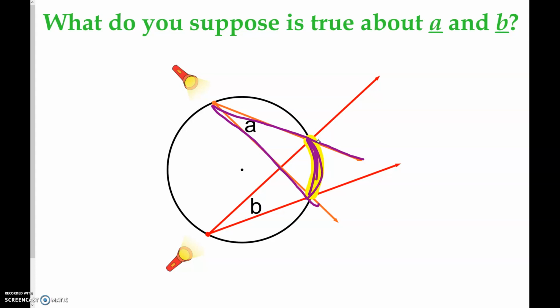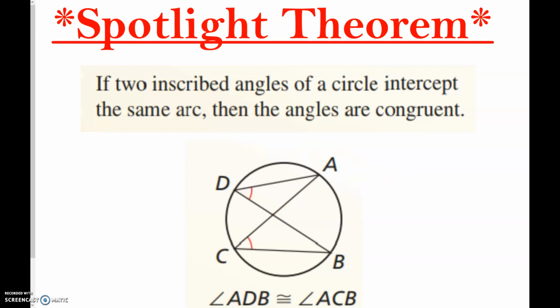So what do you suppose is going to be true about angle A and angle B? Yep, they're going to be the same. Those intercepted arcs are the same. So angle D and angle C are both going to the same intercepted arc here, and so they are going to be congruent.